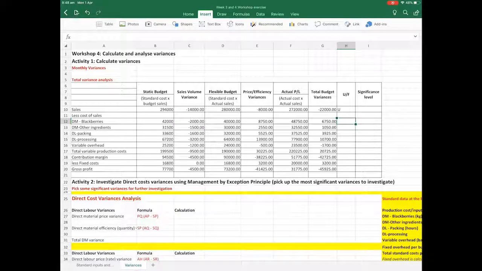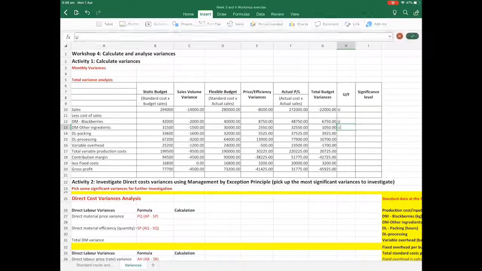When it comes to the cost, you see that the variance here is positive, because I take the actual minus the static cost. That means the actual cost is more than the static budget cost, and because we spend more than we expected to spend, that is unfavorable as well. You can see the same thing for all the positive figures.